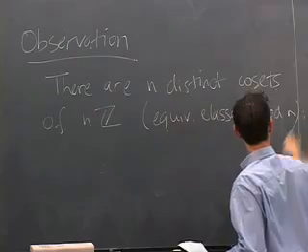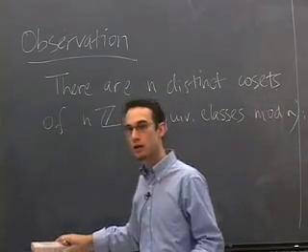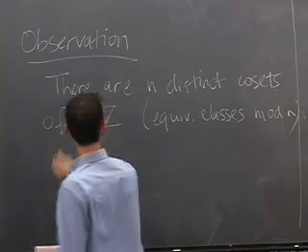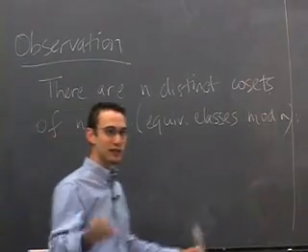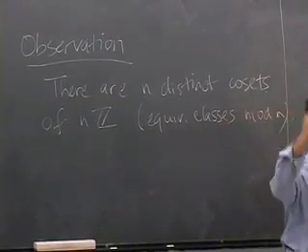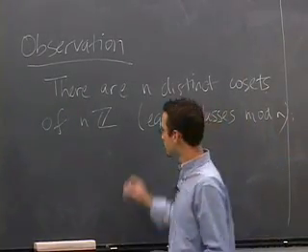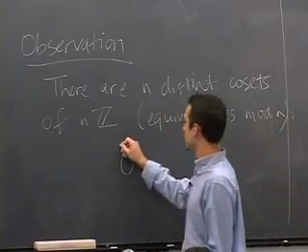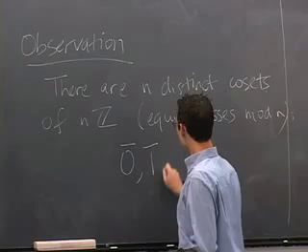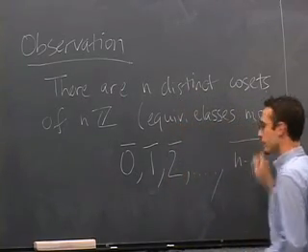These are all redundant ways of saying the same thing, but you'll hear them all, so it's good to practice hearing each. So what are they? Can somebody list them? nZ, that's 0 bar. Right. Or in a shorter notation, 0, 1, 2, up to n minus 1.